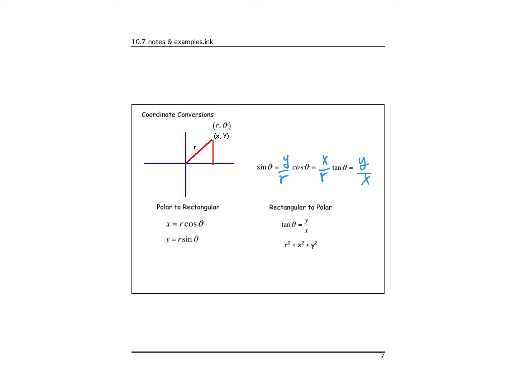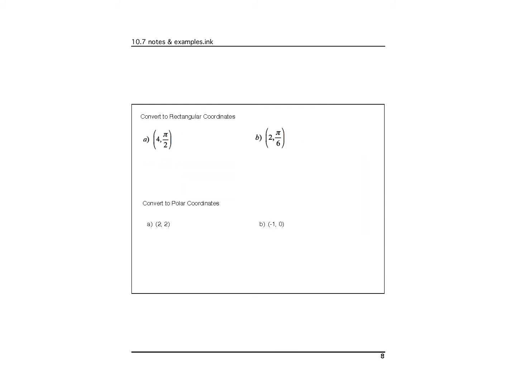So therefore, these relationships are just manipulated to get to those two. The tangent theta, because it doesn't include an r, is helpful in converting rectangular to polar. And then r squared equaling x squared plus y squared, which is our Pythagorean without the square root, is helpful in converting as well. Okay? So those are some relationships that we will be using.